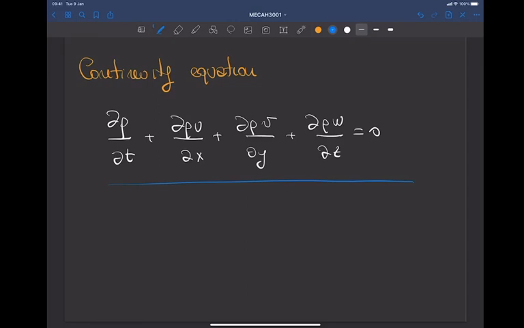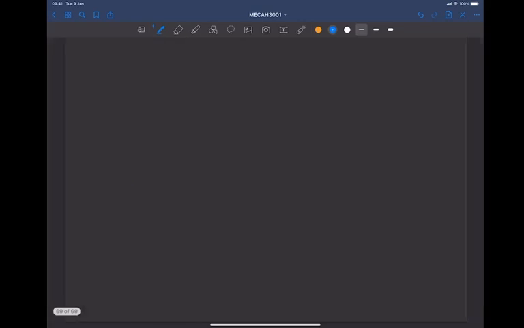And so to do that, we will recall a series of mathematical tools that you probably already know. One is the gradient, one is the divergence, and then we'll talk about two different kinds of derivatives.